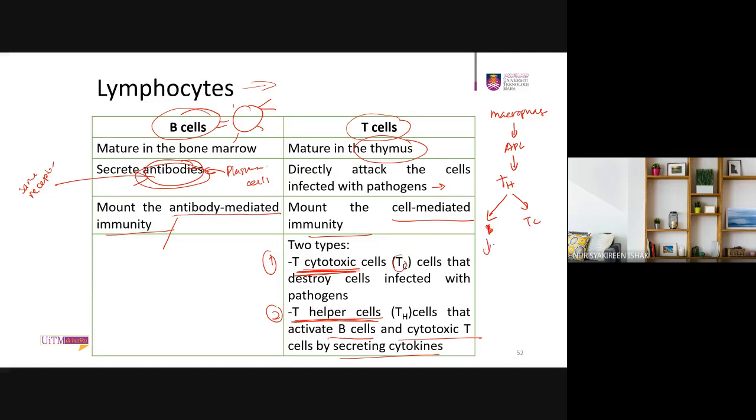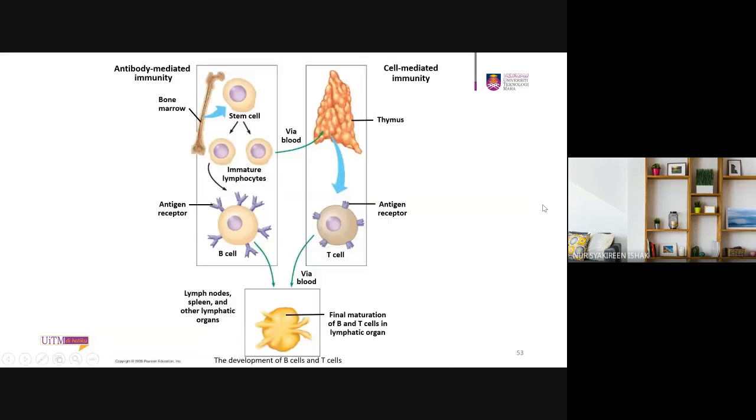B cell dalam humoral immune response, yang ini dalam cell mediated immune response. Okay, cell mediated immune response. So kena tahulah helper T cell ni sebenarnya dia diperlukan untuk activate B cell dengan cytotoxic T cell. Okay.